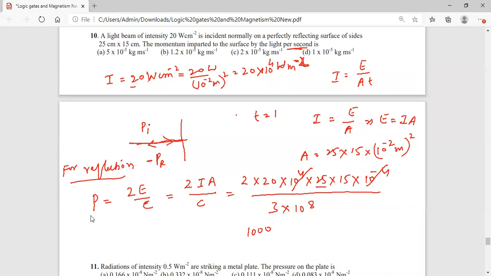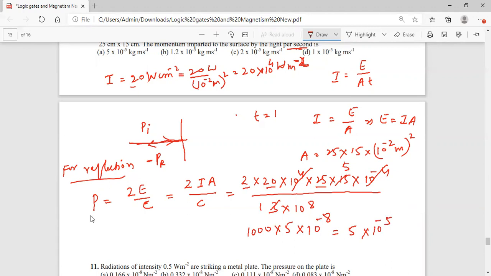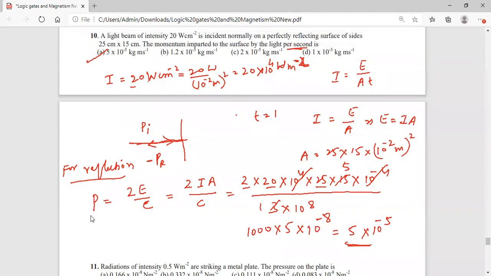This one becomes 1000 into 3 ones are 3, 3 fives are 15, into 10 to the power of 8. That is 5 into 10 to the power of minus 5. That is, option A is the correct answer.